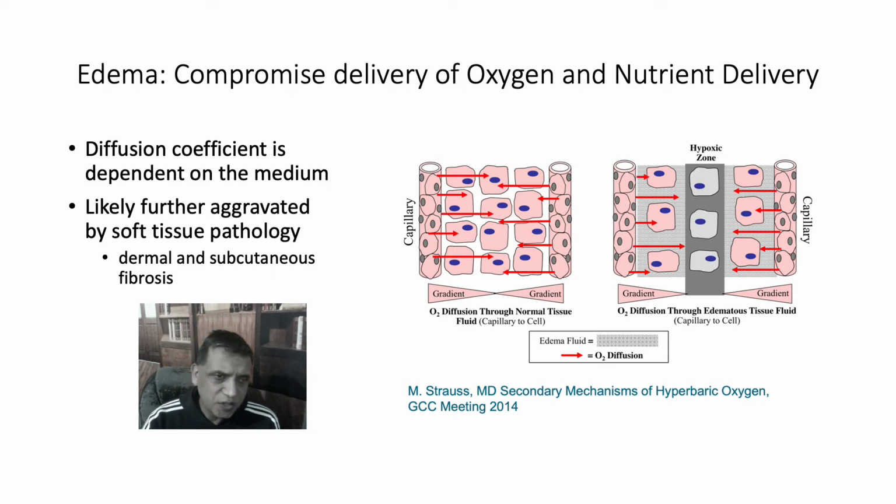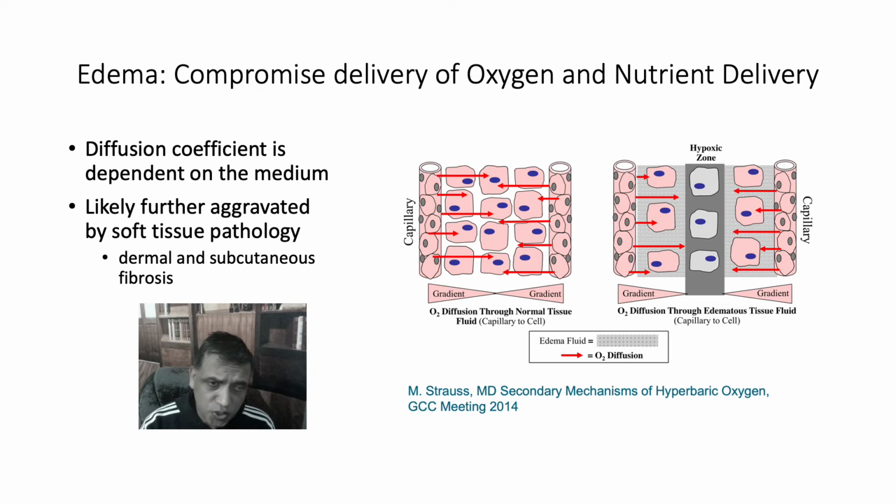In this picture, you see cells richly bathed in oxygen. At either end, the capillaries supply all the cells with oxygen. There's no hypoxia. In edematous tissues, there's an increase in interstitial fluid, i.e. fluid between the cells, leading to an increase in distance between the cells and the capillaries that supply oxygen and nutrients.